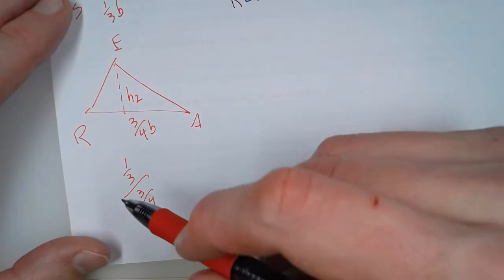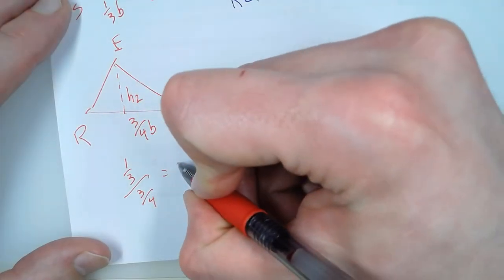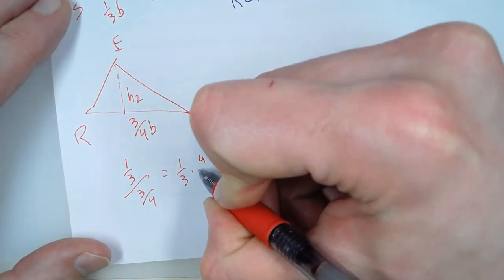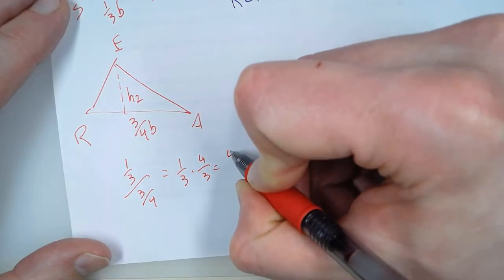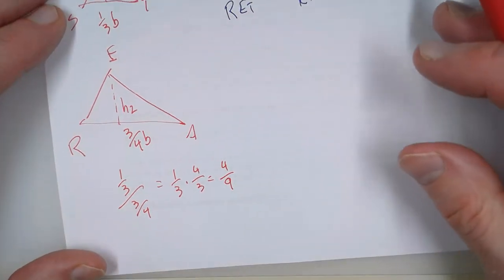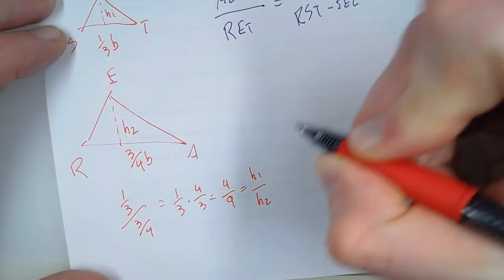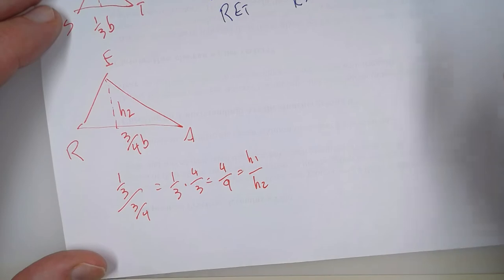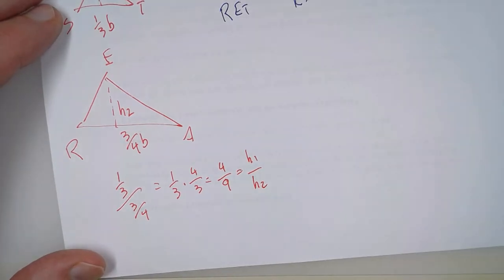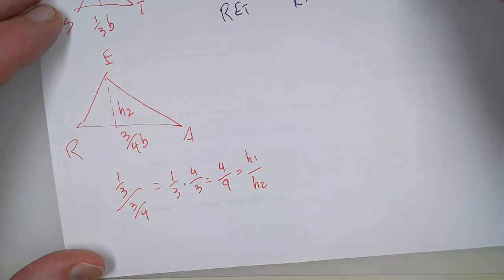All right, now we're dividing fractions. That's the same as multiplying by the reciprocal. So the heights are in the ratio of 4 to 9, H1 over H2. So that means that the total is something of a multiple of 13.